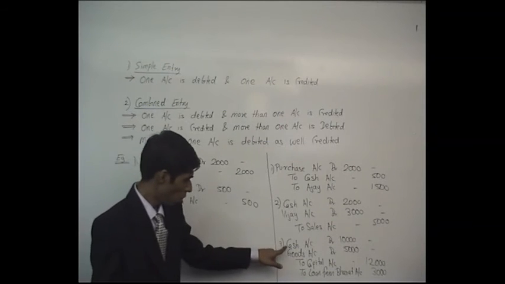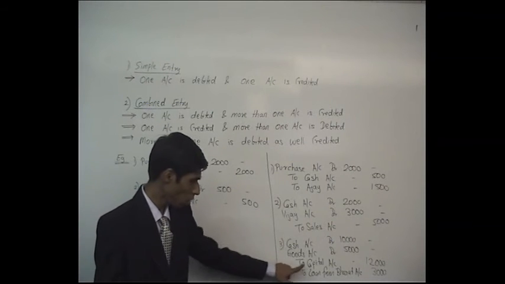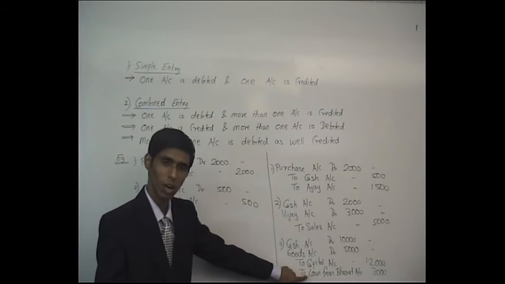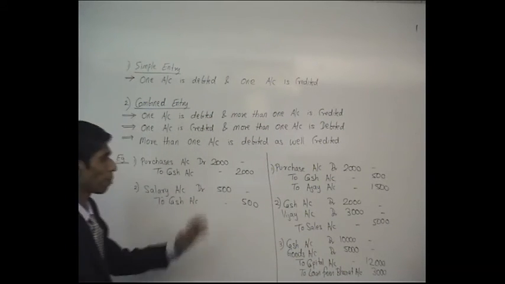So can I say more than one account is debited and more than one account is credited? That is known as a combined entry.